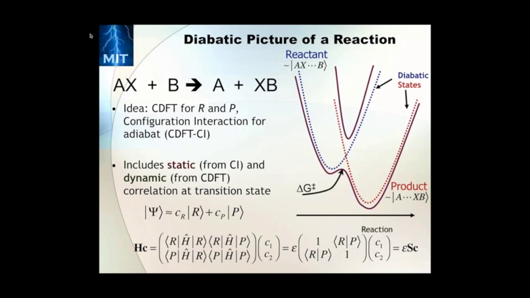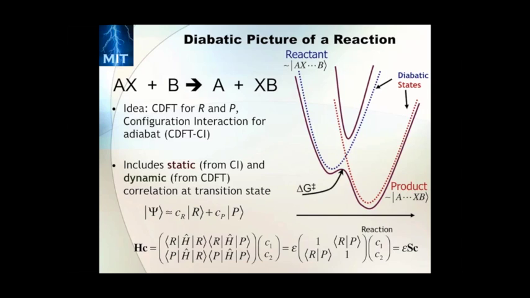So yeah, I can understand the confusion there, the use of CI, but we're not doing a CI calculation like MCSCF or CISD or something like that. The idea is that whenever I build the Hamiltonian as a matrix like this, this is the same thing that one does in configuration interaction. Each of these states, the reactant state and the product state, is a configuration. It's a many-electron state.